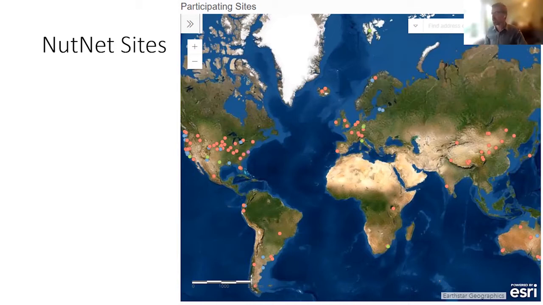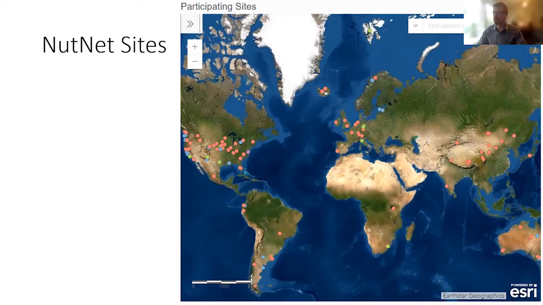And so the dots on this global map are the sites that are involved. The color coding is reflecting whether they are just doing the nutrients, or they're just doing the fencing, or some other variations like that. But you can see the representation all around the globe, which has been one of the really interesting aspects of this in terms of trying to understand grasslands as a system.